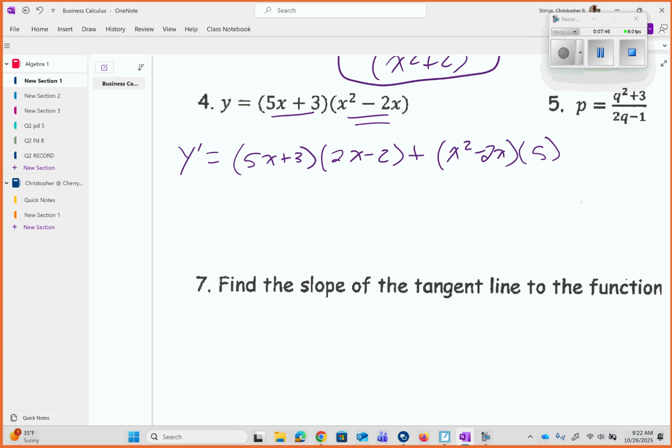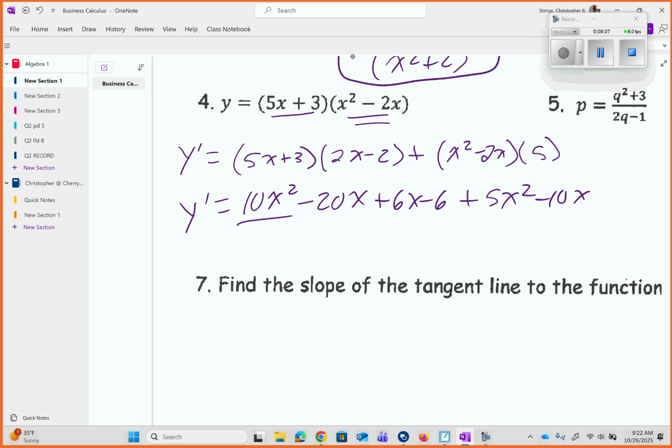And then that one's done. Some classes might require, I mean, if you can get to this point, you're great. If you were to FOIL it out, and then combine like terms, so those are like terms.